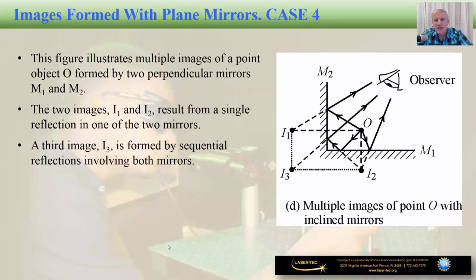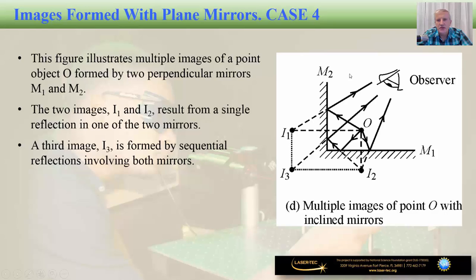We have already shown the example of two mirrors. So we are talking about an optical system with two mirrors, one positioned in the horizontal direction labeled as M1 and another positioned in the vertical direction labeled as M2. This figure illustrates multiple images of a point object at a point O that are formed by these two perpendicular mirrors M1 and M2.